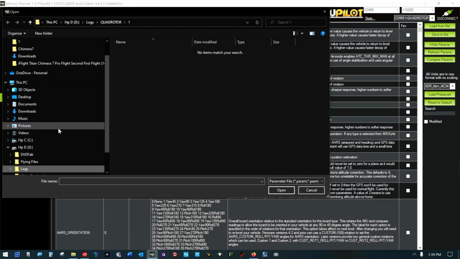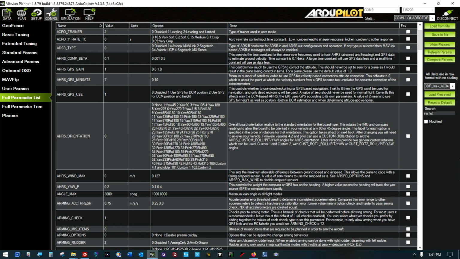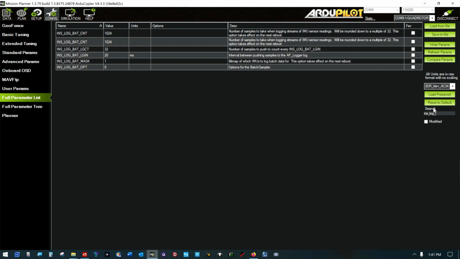Well, there's two. Always is with me in there. So now I need to come into here, and what was that? That was INS_LOG_BAT_MASK.